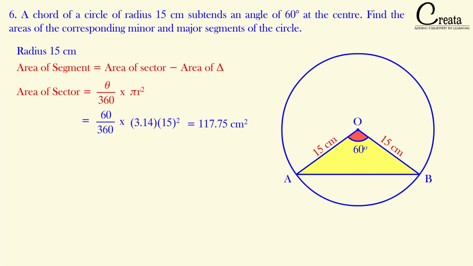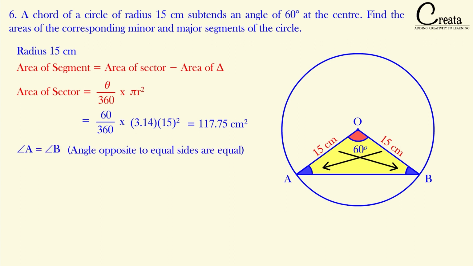In the previous lecture also we had a similar type of case. Here this angle is 60 degree and these two sides are 15 centimeter. And we know the property of a triangle, that the angles opposite to the equal sides are equal to each other. It means these two angles will be equal to each other. For the time being, let's assume both the angles as angle x.